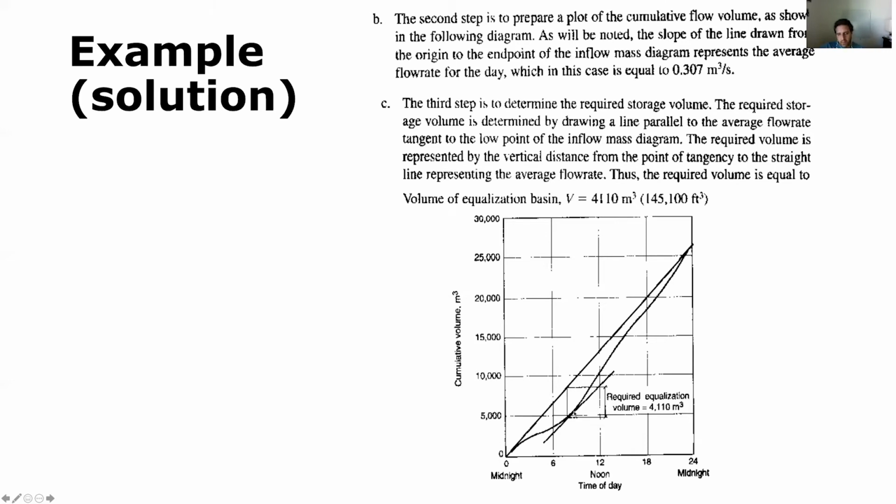And then we draw a parallel line to that line at the tangent to the curve at the lowest point in the curve. That difference between this tangent point and the parallel line is the equalization volume, which in this case, you can see the distance here is 4,110 cubic meters. So that's basically how big our tank needs to be.